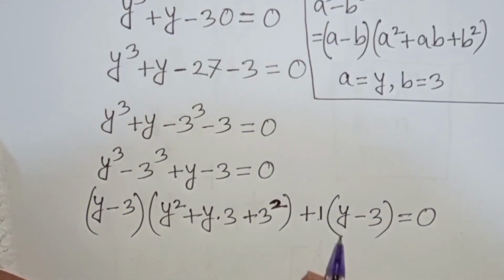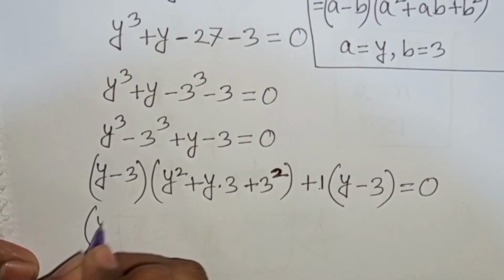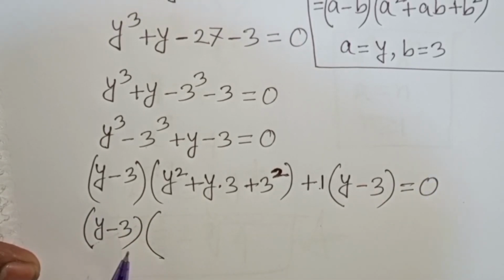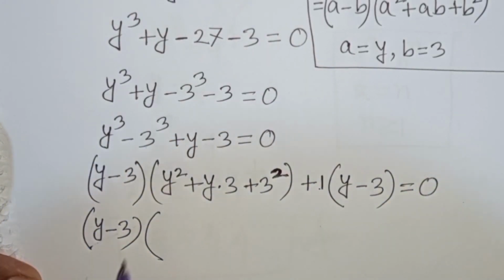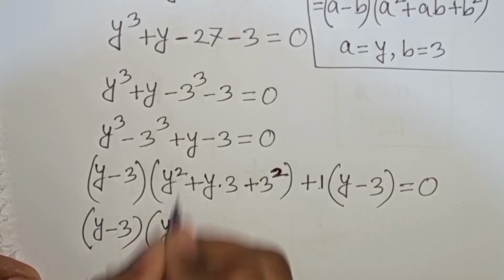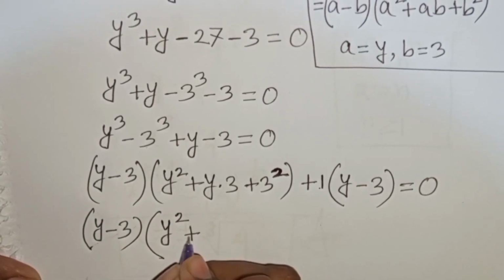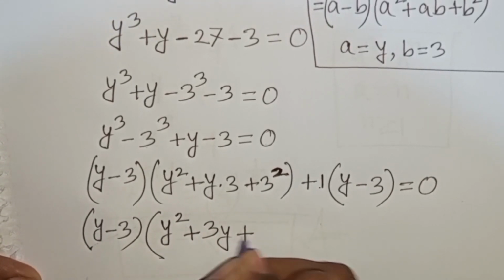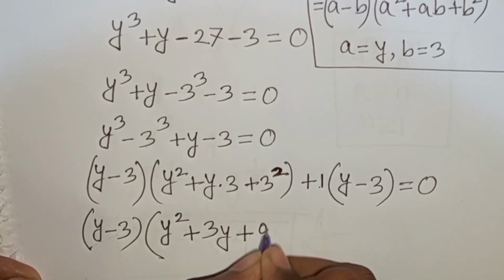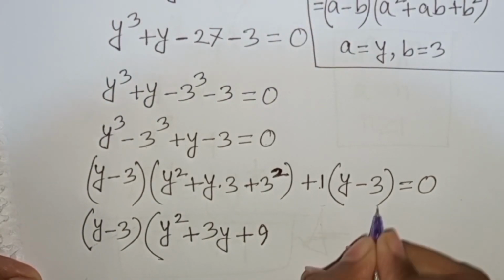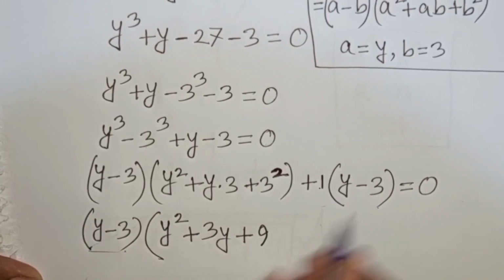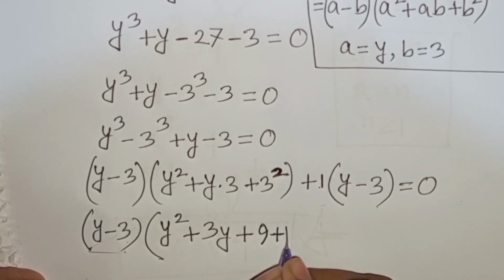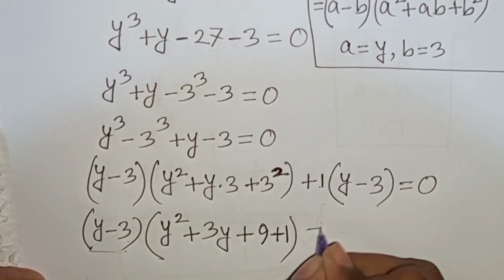Now we see y minus 3 is common, so take y minus 3 out of the bracket. Dividing, y minus 3 will be cancelled, so we have y square plus y times 3, that means 3y, plus 3 square is the same as 9, and dividing this, y minus 3 will be cancelled, so here plus 1, then bracket close is equal to 0.